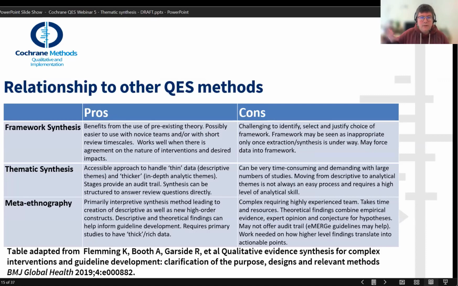And obviously the demands on the team are such that you want an experienced team, a team that's experienced in this type of qualitative research. It's not designed with a systematic review hat on in terms of its audit trail. So if you're wanting more of that, then following eMERGe guidelines may help, and sometimes you can use a thematic synthesis method or some of that line-by-line coding within a meta-ethnography as well, in order to provide that audit trail.